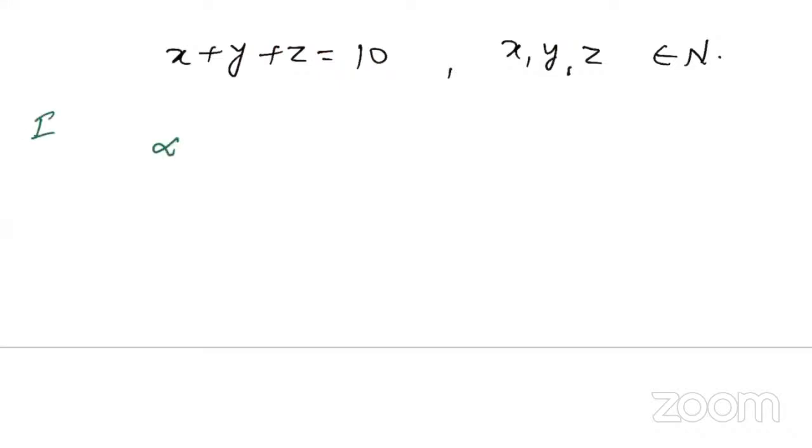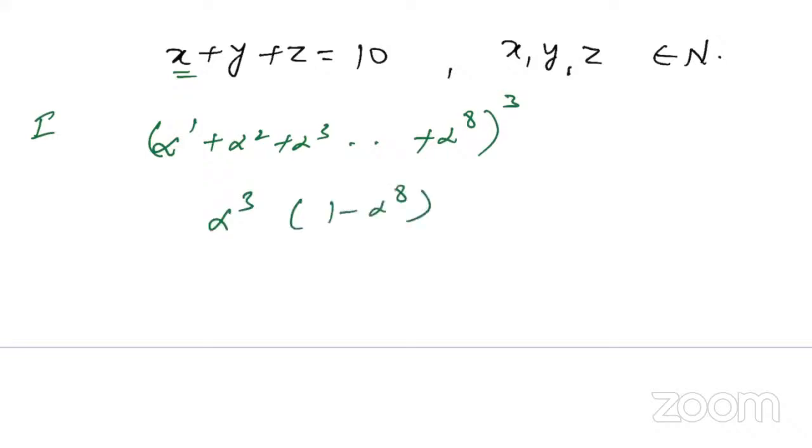In this case, it will start with alpha to the power 1, alpha square, alpha cube, up to alpha to the power 8 only, or you can go up to 10. Like for x, then y again, for z again. So alpha to the power 1, alpha to the power 2, up to alpha to the power 8 for x, for y, as well as for z. So the GP series will be alpha cube, 1 minus alpha to the power 8 to the power 3, upon 1 minus alpha to the power minus 3.